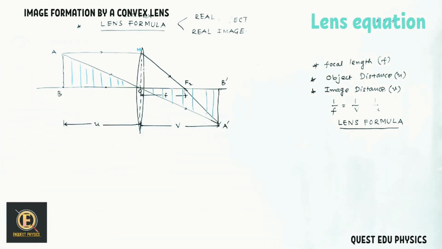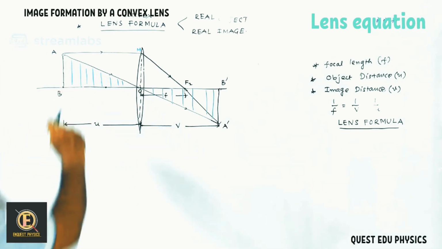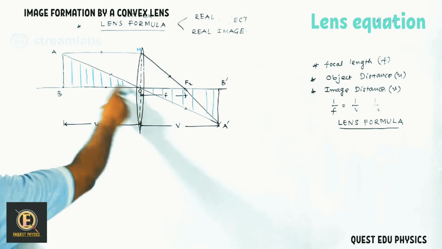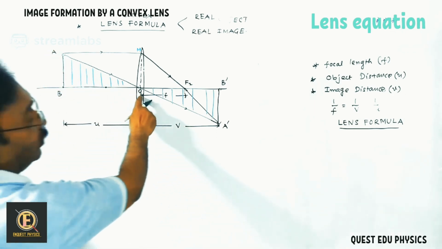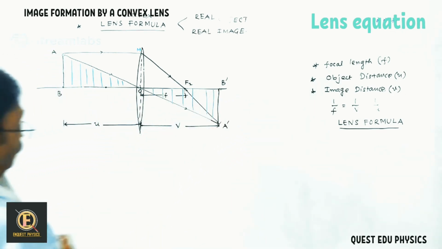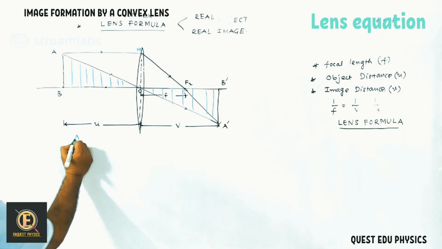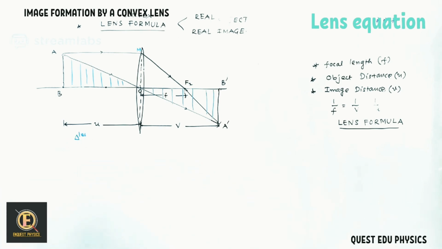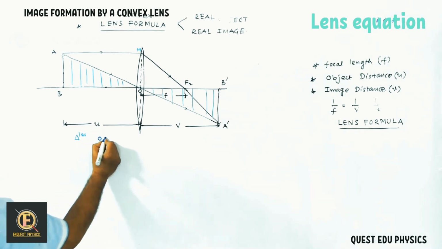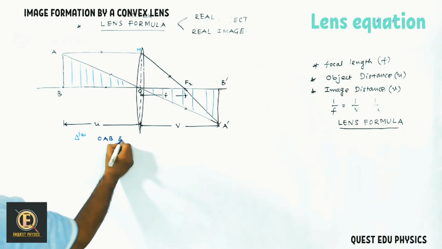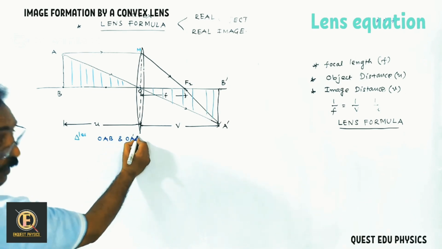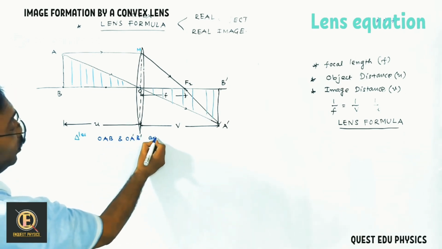Okay, students. Triangles OAB and OA dash B dash are similar. And you know that when two triangles are similar, their corresponding side ratios are the same.